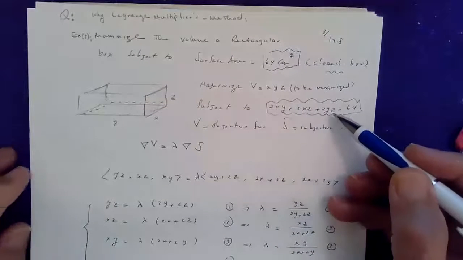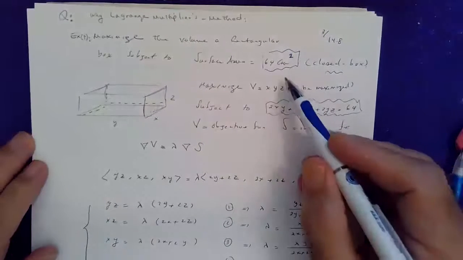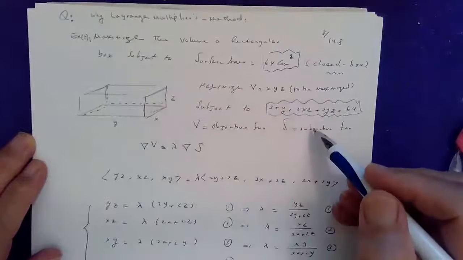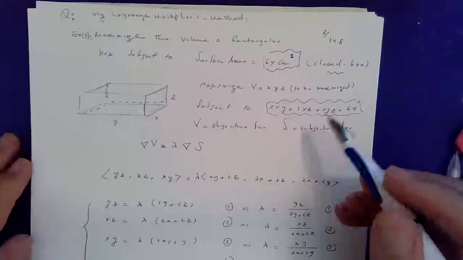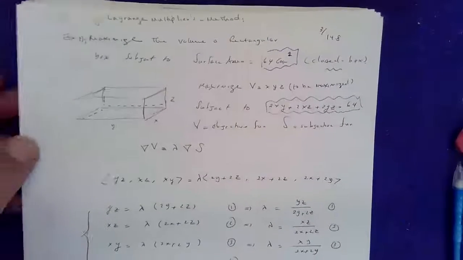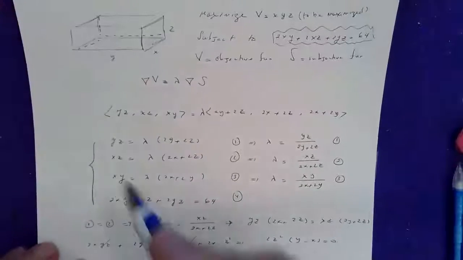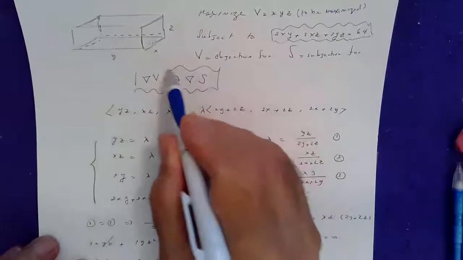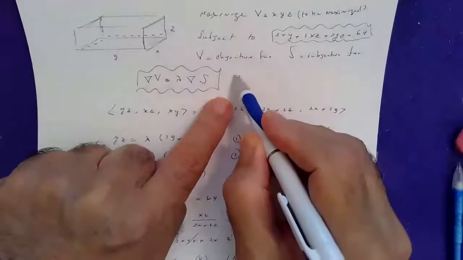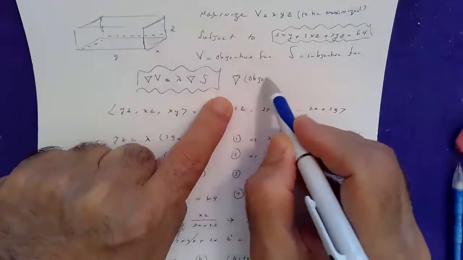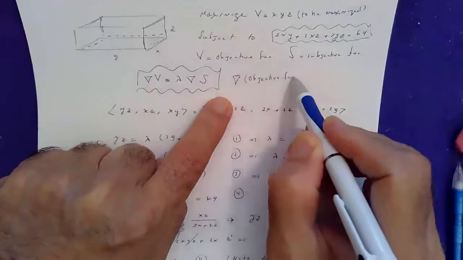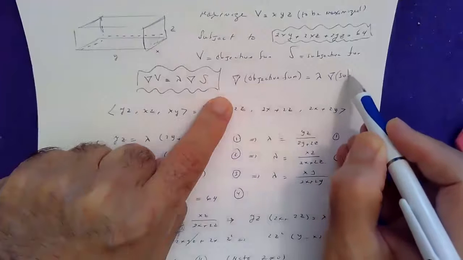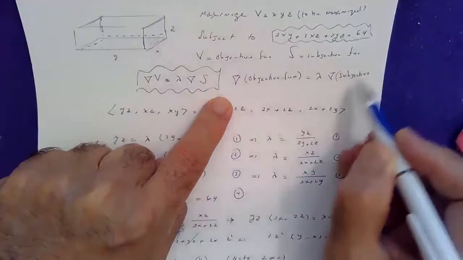So instead of solving this for z, substituting it here, and using the D-test, I don't have to do any of that in Lagrange multipliers anymore. Why? All I have to do is form this equation, which is the gradient of the objective function equals lambda times the gradient of the constraint function.